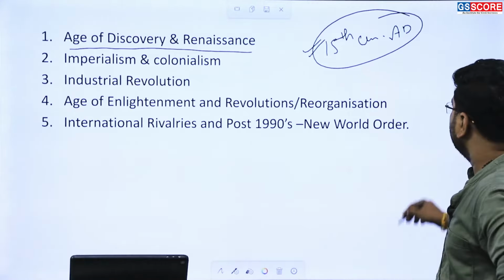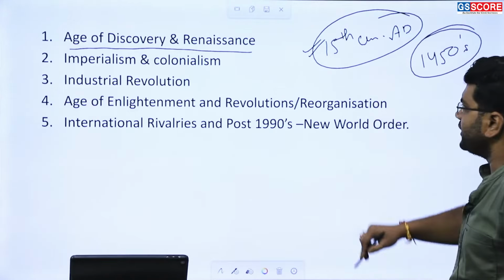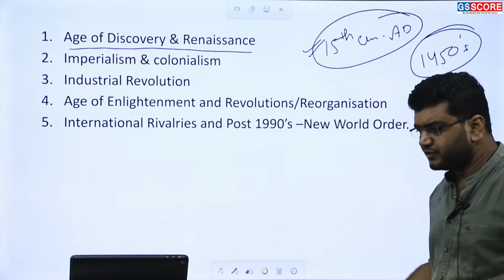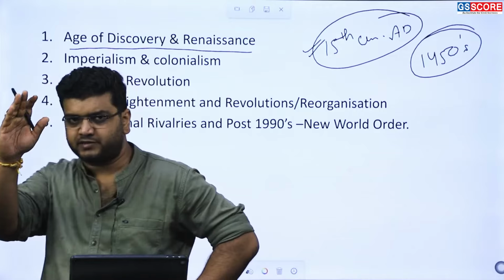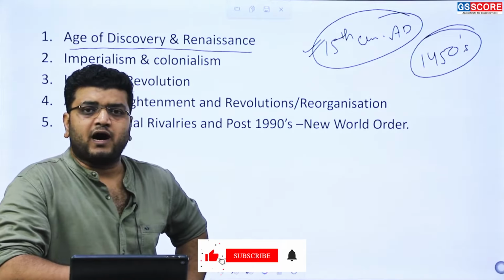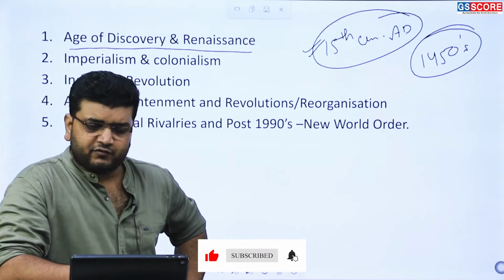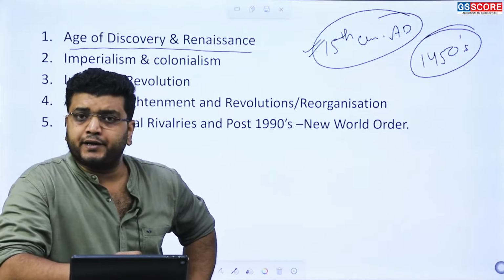We all know that from the event around the 1450s, there was a change in how history has been playing out in the world. Before that, there was the Islamic revolution in the 7th, 8th and 9th century AD. Thereafter, Islam was able to carve out a vast empire. It had good territorial expansion and control over trade and territories.